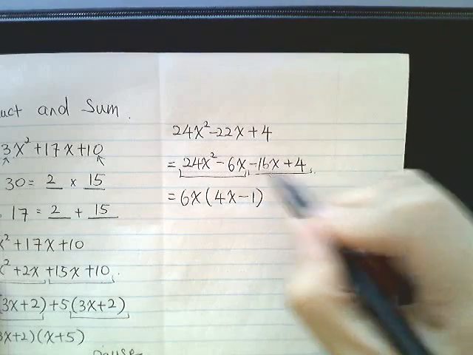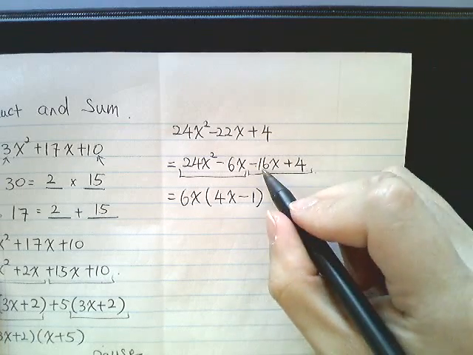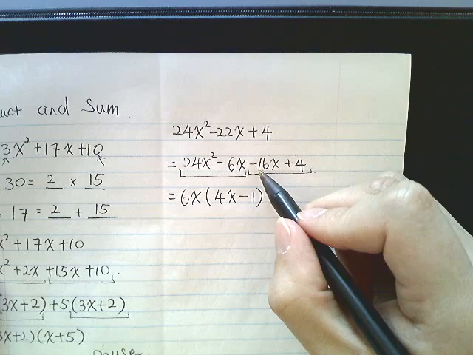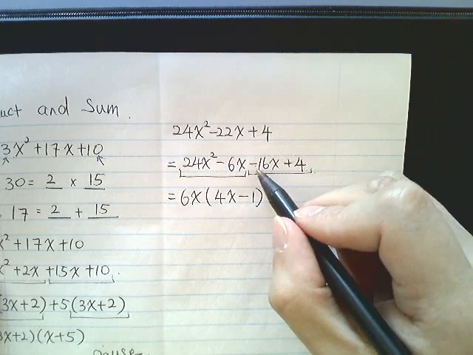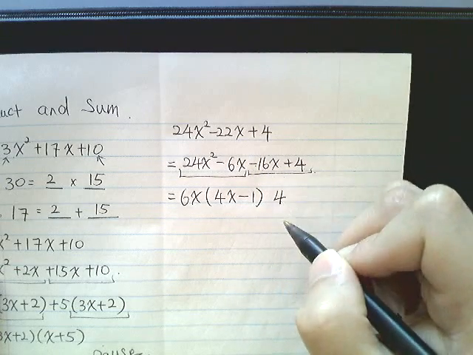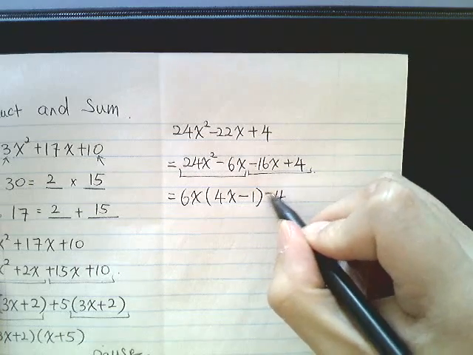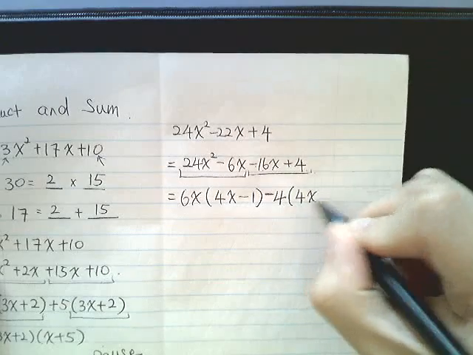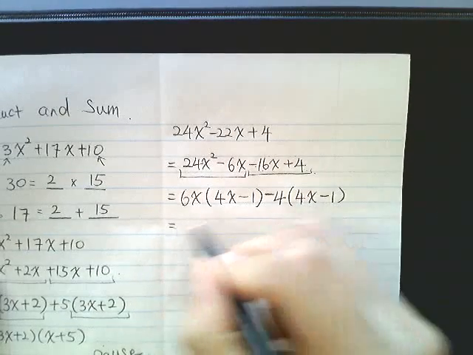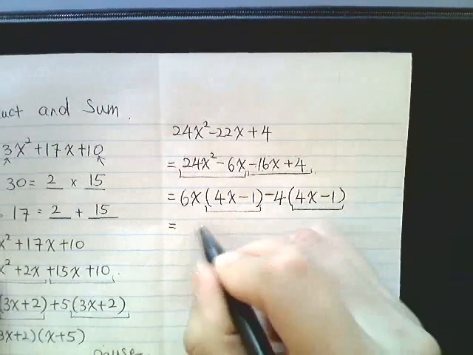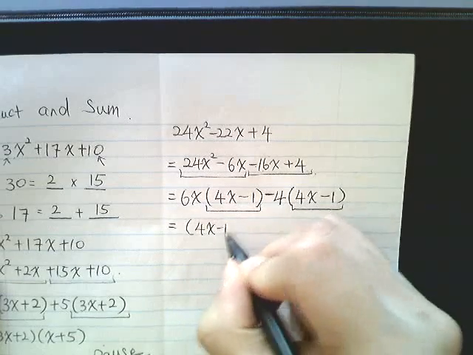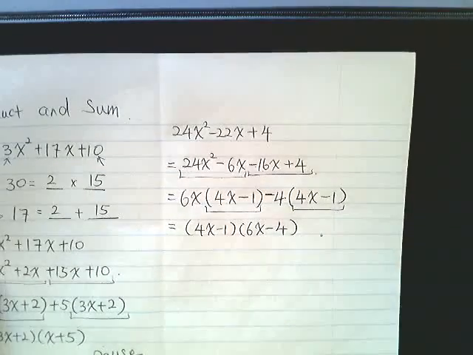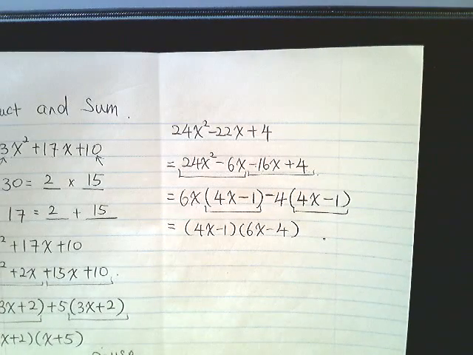Now starting from these two, we have 16 and 4, so it's going to be 4. However, remember, if we have the negative sign for the x term here, then we put the negative, okay? So it will be 4x minus 1 as well. So the common binomial is 4x minus 1, and then the leftover will be 6x minus 4. So you have that, you're good to go.